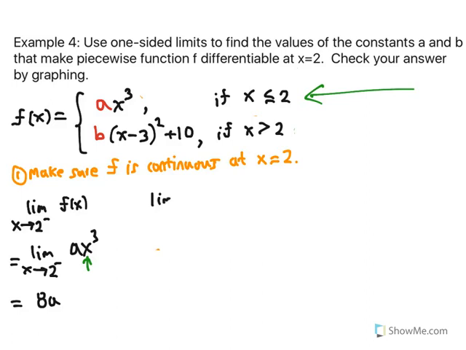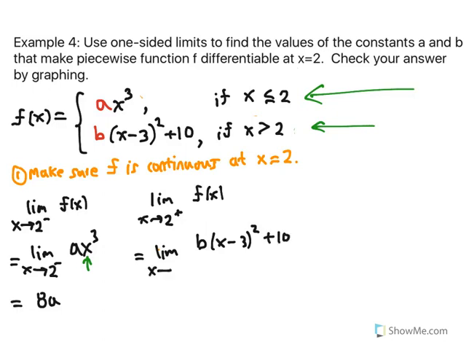And now you will consider the limit of the function as x is approaching 2 from the right. So if x is approaching 2 from the right, x values are greater than 2. So the rule that you need to use for the function is b times x minus 3 squared plus 10.